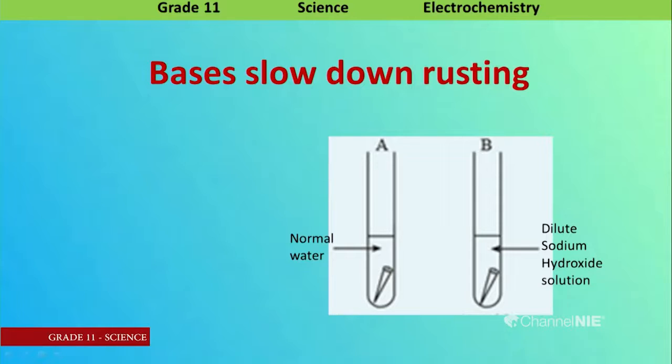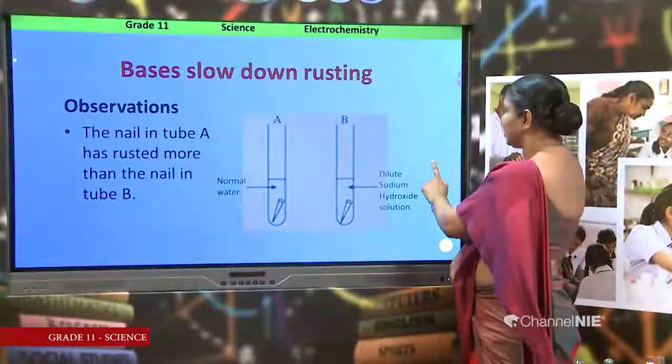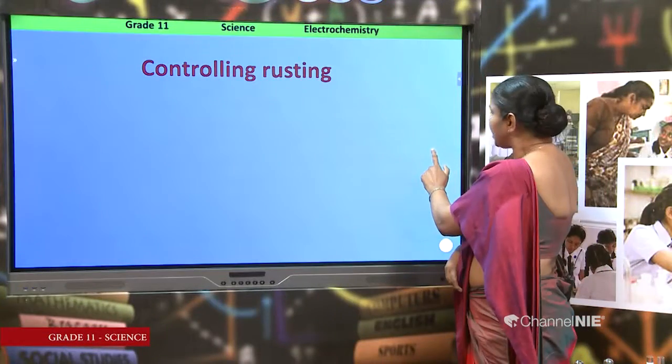When you observe after 1-2 days, you will see the nail in normal water has rusted, but the nail in sodium hydroxide solution has not. That means bases slow down rusting. Okay, right.